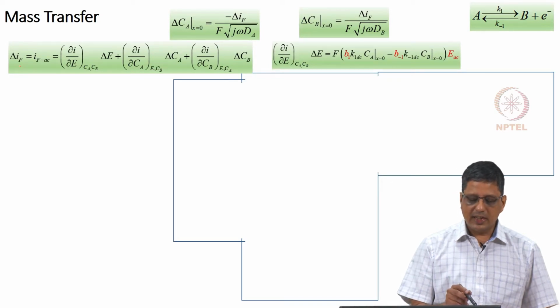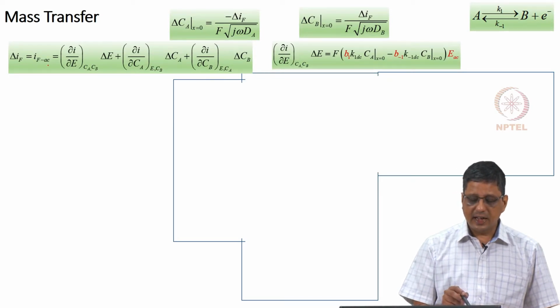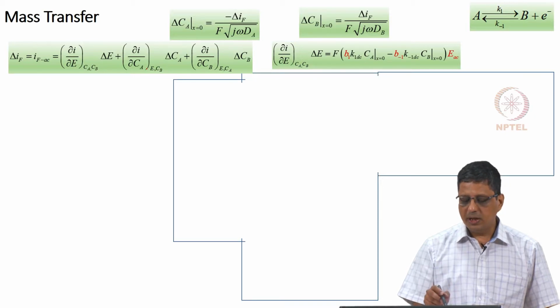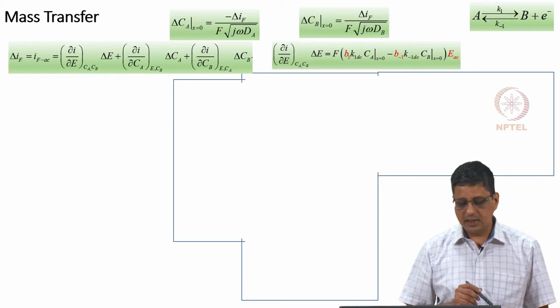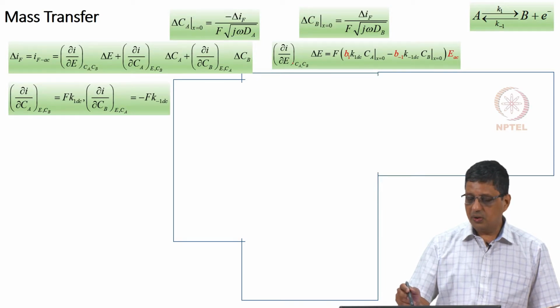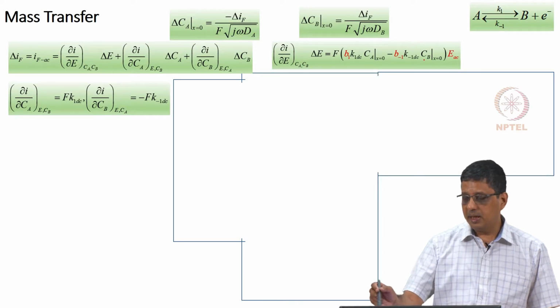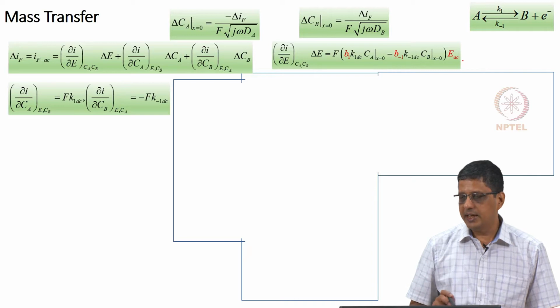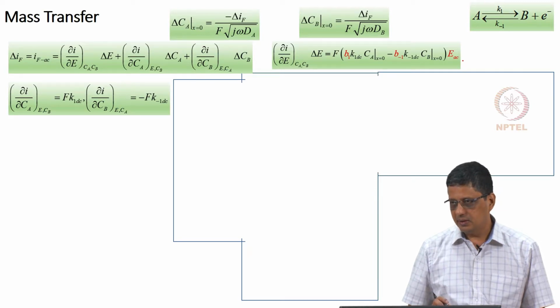So, we will go back to the expression where we write del IF, its IFAC, as dou I by dou E multiplied by del E, plus dou I by dou CA multiplied by del CA, plus dou I by dou CB multiplied by del CB. And we already know that dou I by dou E multiplied by del E is given in terms of EAC and other known factors.